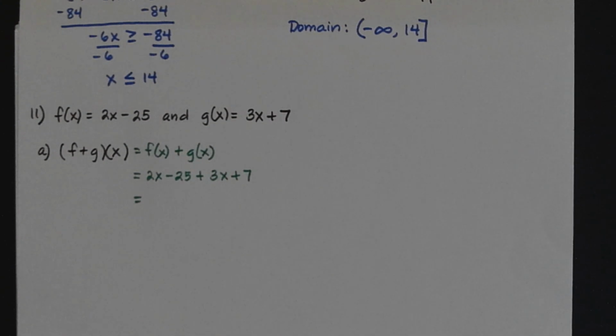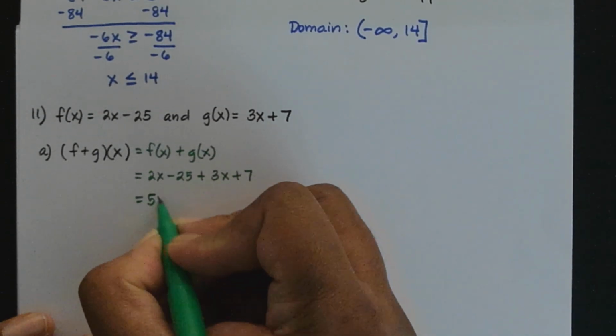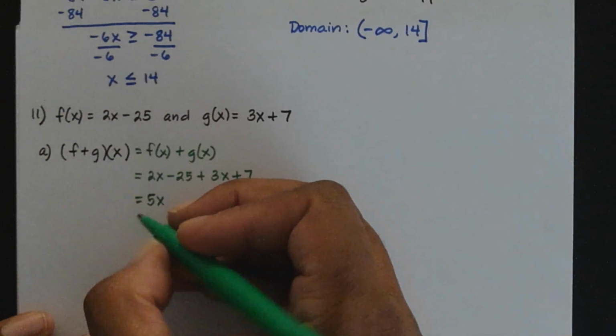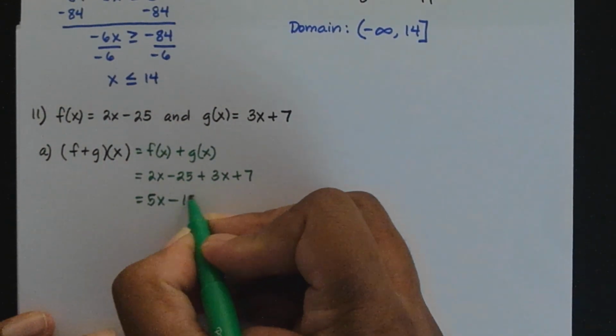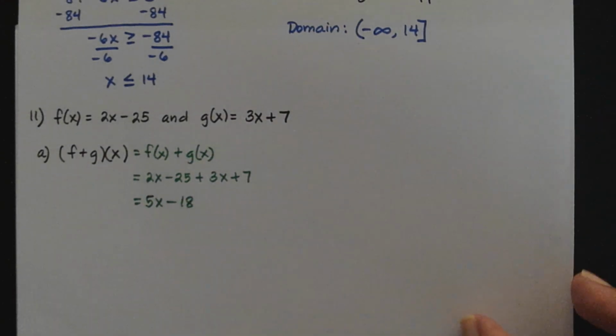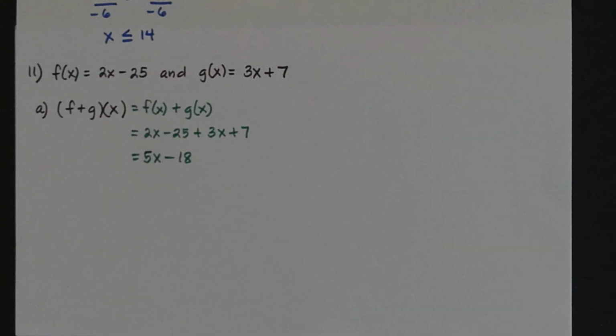And then we just simply combine like terms here. 2x and 3x will be 5x, minus 25 plus 7 would be a minus 18. So the sum of the two functions f and g would just be 5x minus 18. Are there any questions about part A?